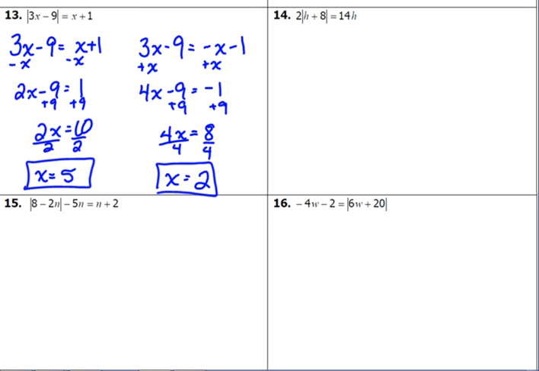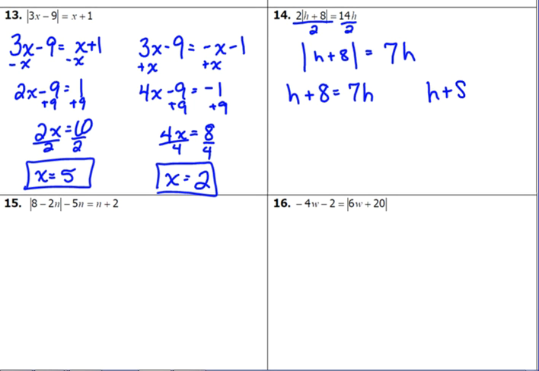Okay, number 14. We need to isolate that absolute value expression by dividing both sides by 2. So absolute value of h plus 8 is equal to 7h. So our two scenarios: h plus 8 is equal to 7h. H plus 8 is equal to negative 7h. That's very hard to say, just FYI. H plus 8.